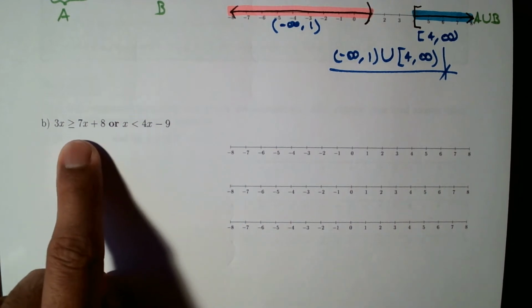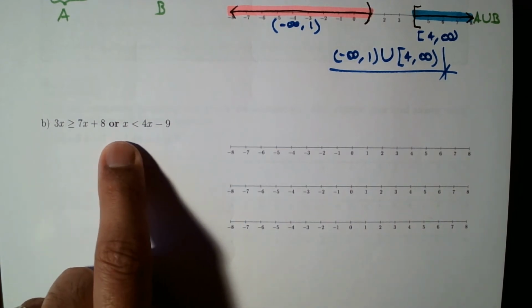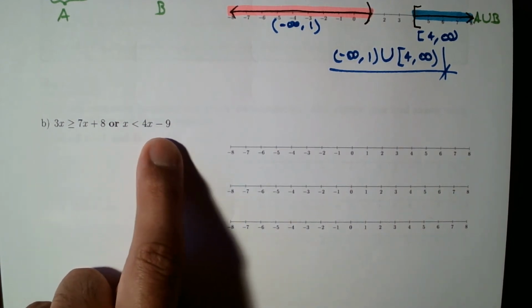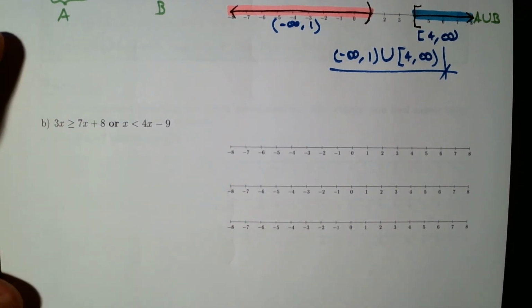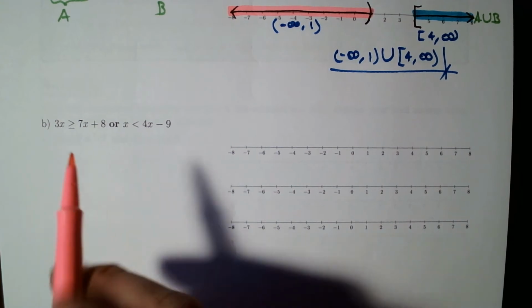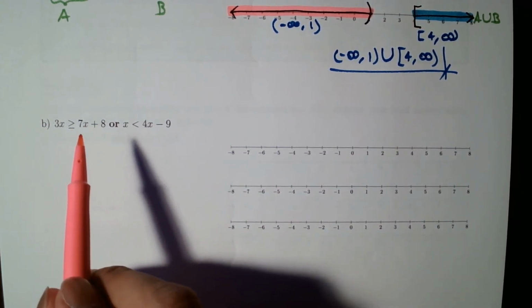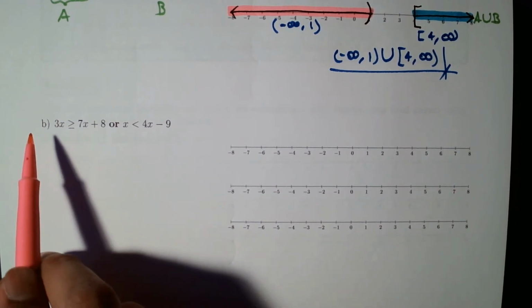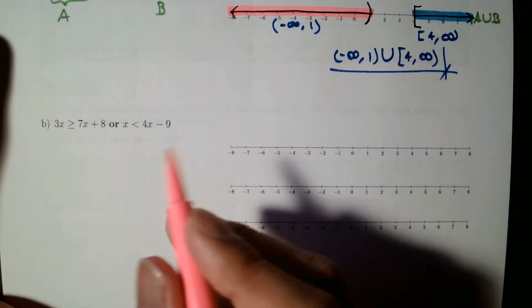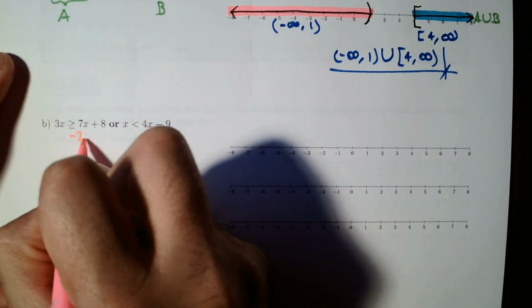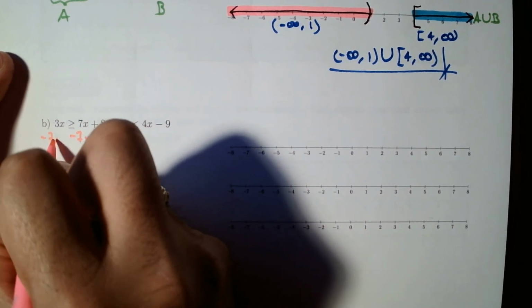3x greater than or equal to 7x plus 8, or x less than 4x minus 9. Well, in this case, again, keep in mind that you want to have all the variables on the left hand side and all the pure numbers on the right hand side. So I'm going to subtract 7x on both sides.